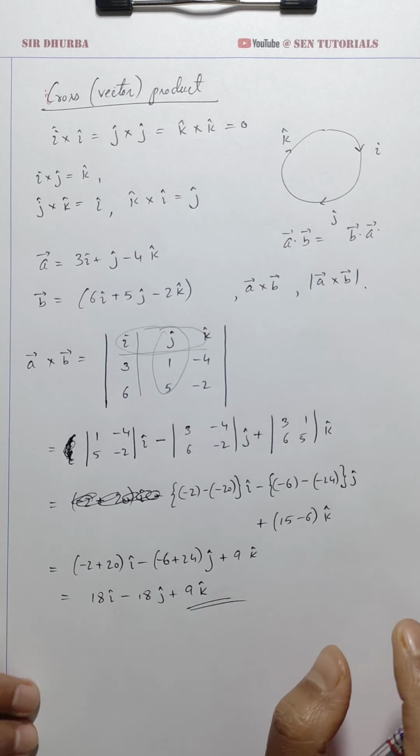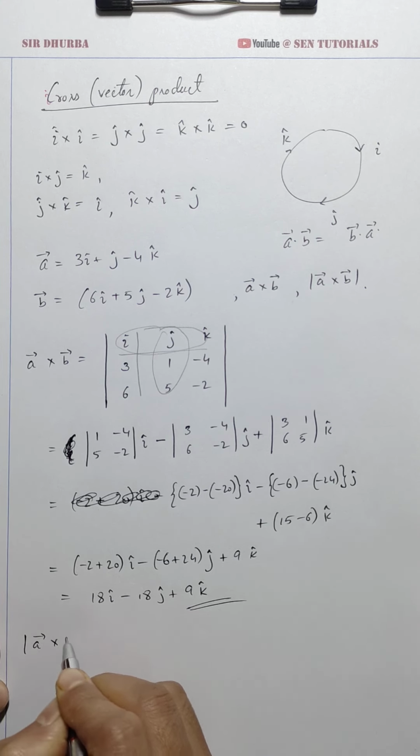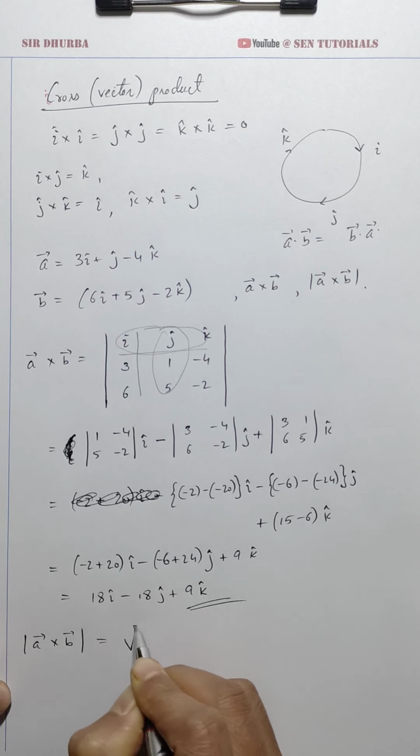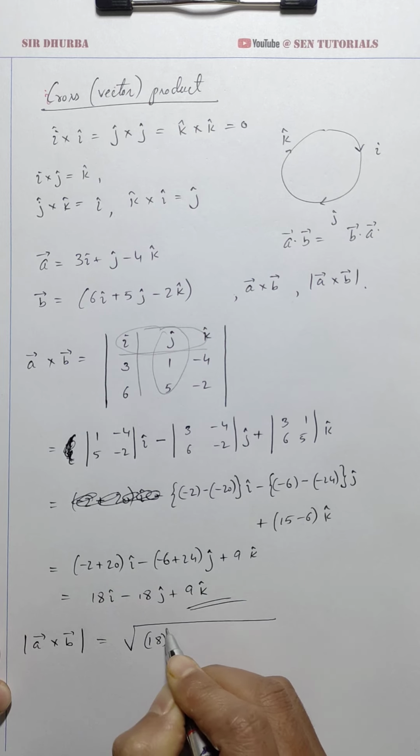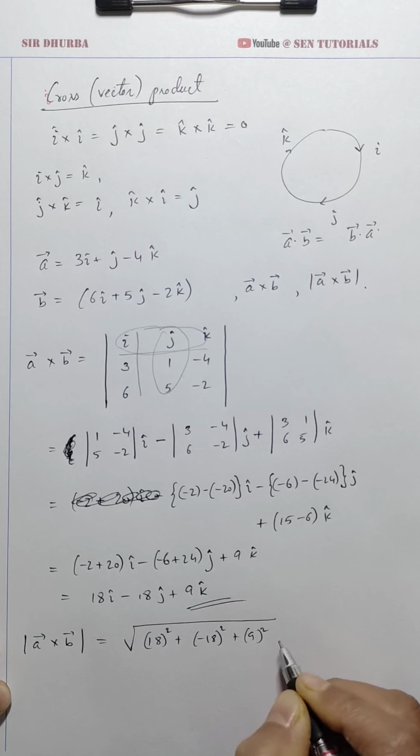So this is how we go for the cross product of two vectors. Clear? Then if you have to find its magnitude, it will be done in the same way, that is root over 18 squared plus minus 18 squared plus 9 squared.